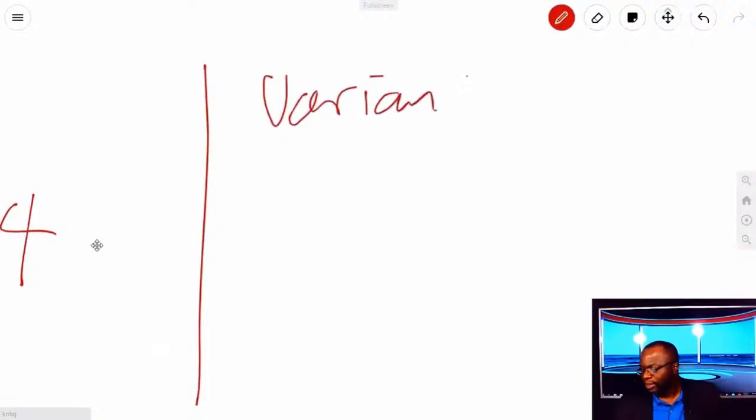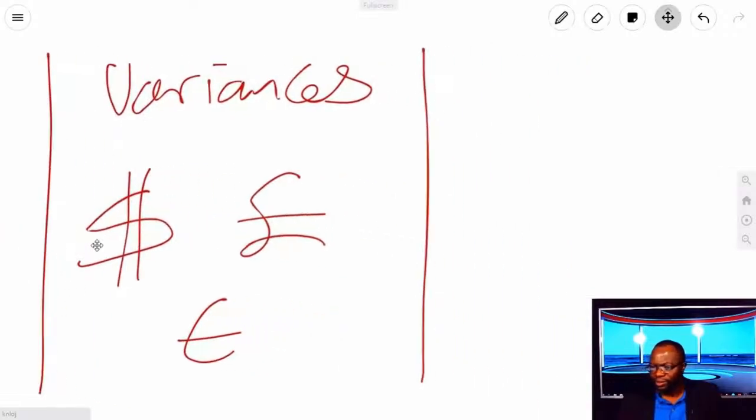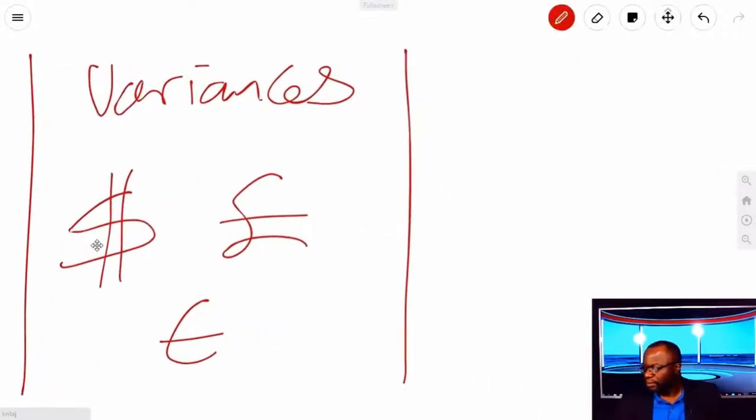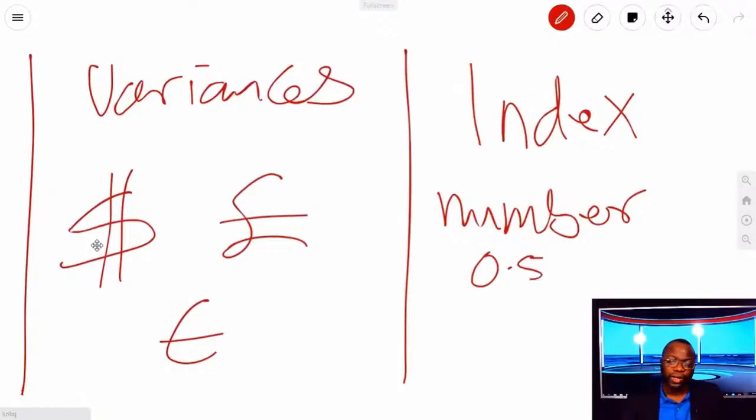Variances, if you're dealing with variances, you're dealing with a currency symbol. You're dealing with a symbol of some sort, okay? If you're dealing with indices, if you're dealing with an index, you just have a number. If you're dealing with SPI or CPI or TCPI, you're just going to have a 0.5, no dollar sign.